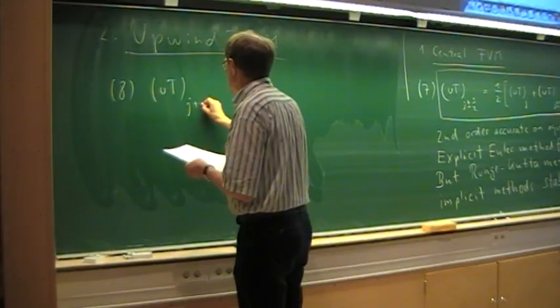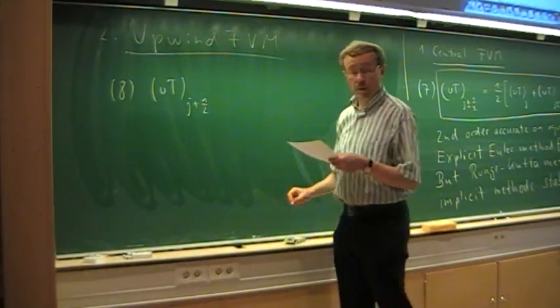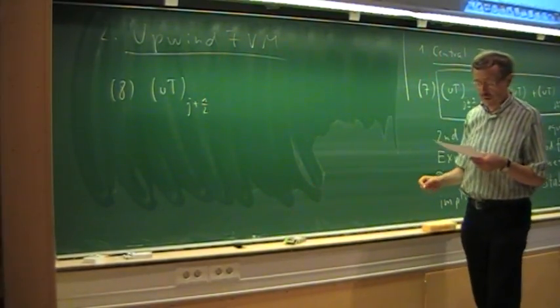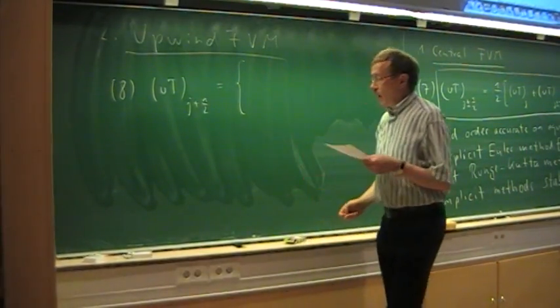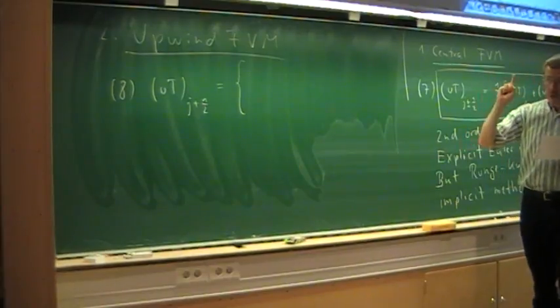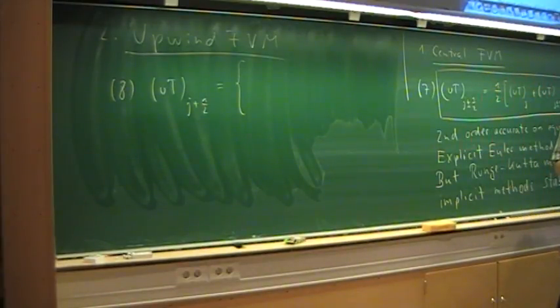Then the flux at the face j plus 1/2 is approximated in the following way. Now we let the velocity decide which convective flux we take. So we put the finger in the air and look from which side the flow is coming.